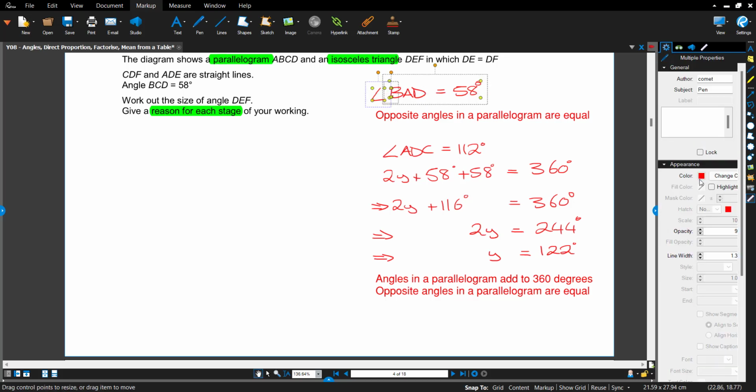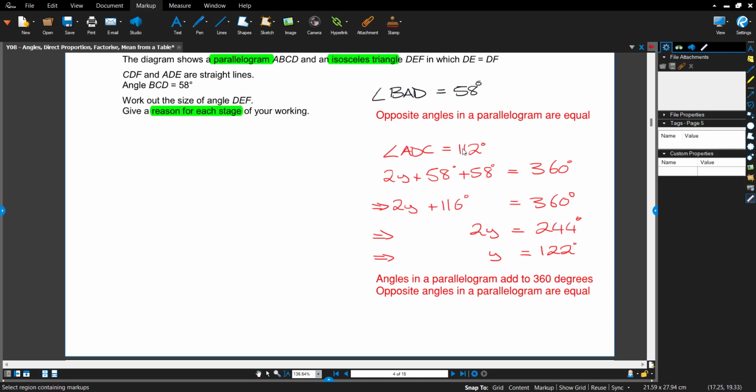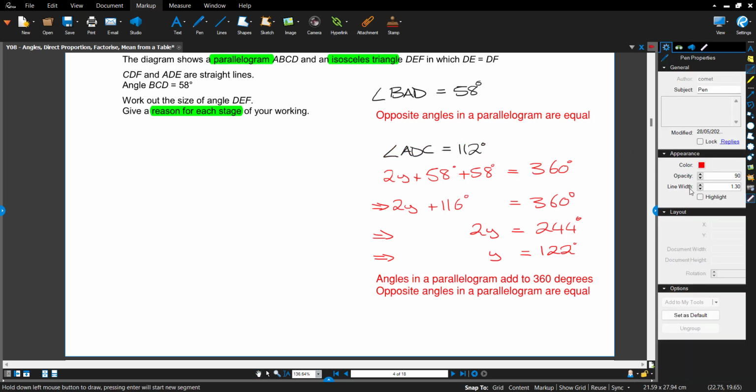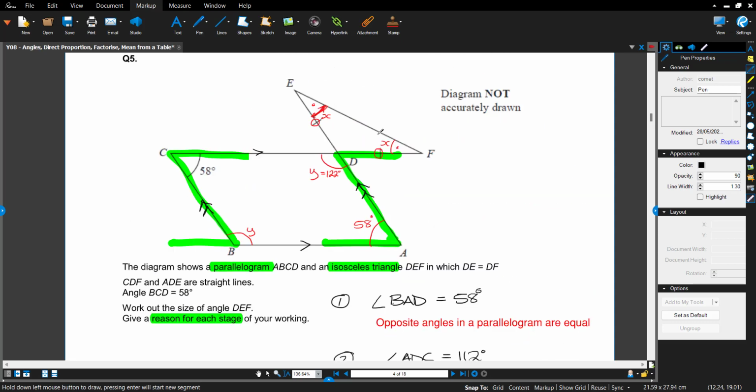I'm just going to mark this in a different color so you can actually follow what I'm doing. So 1, 2, 3. Now if you want to, you could actually just write beside that the order if you wanted to. Well, if not, then yeah, whatever. But it's just kind of cool. Now that might jump out to you here. That angle there, these two are going to be the same. So angle EDF equals 122 degrees because they're vertically opposite, right?